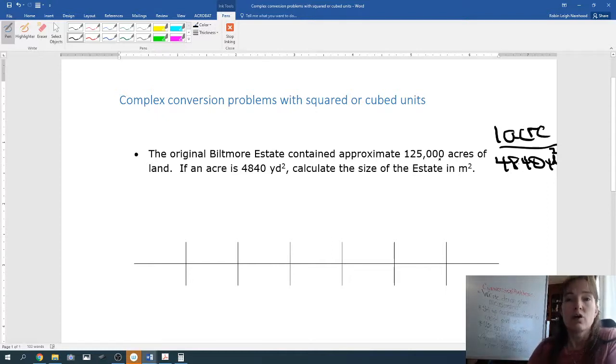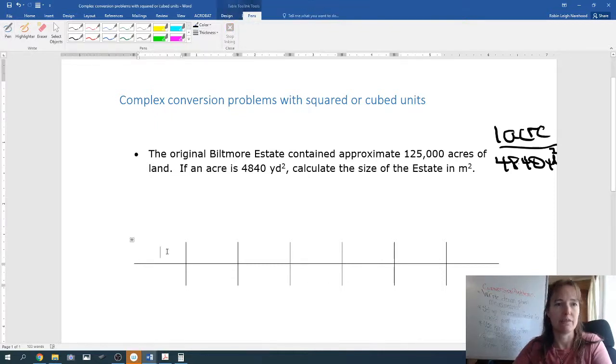We want to start with the 125,000 acres. That is going to be our given measurement: 125,000 acres.